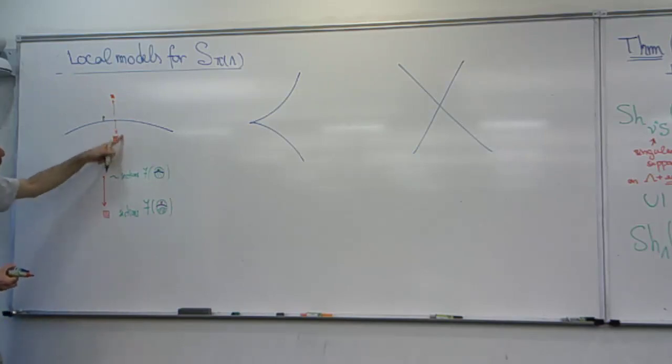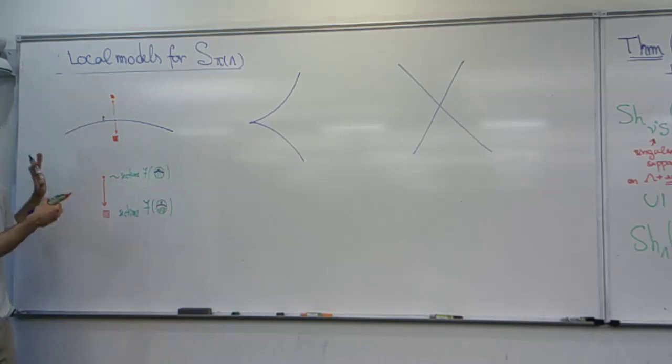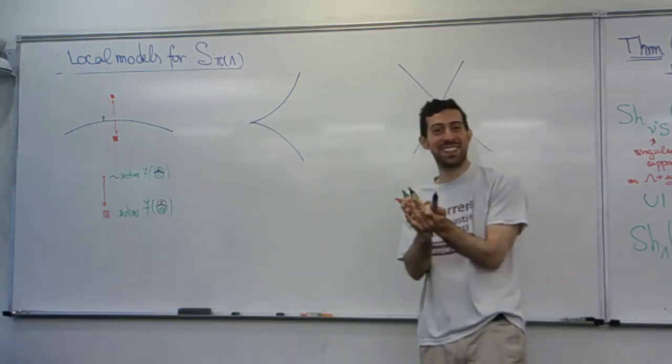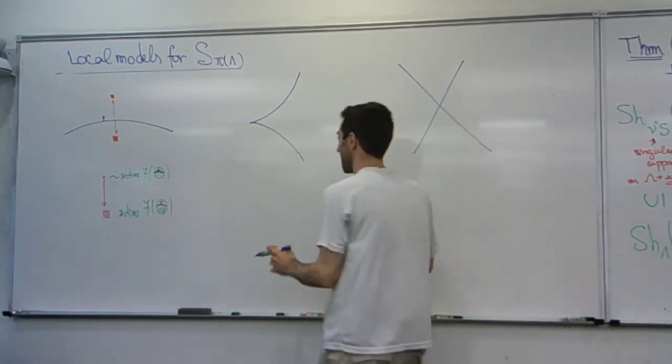So this map being an isomorphism or not tells you whether this direction is in the singular support. The map that goes down is actually the thing that's testing whether the singular direction up is an isomorphism. Are we okay with that? Seems stupid, but when you make this mistake, because you're going to make this mistake, just correct yourself. And if you don't make this mistake, it's good for you.